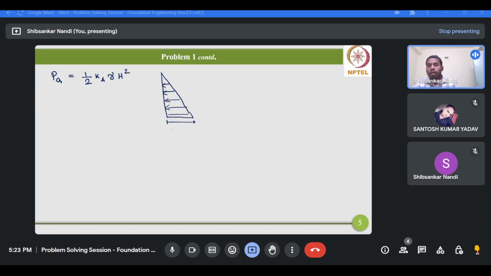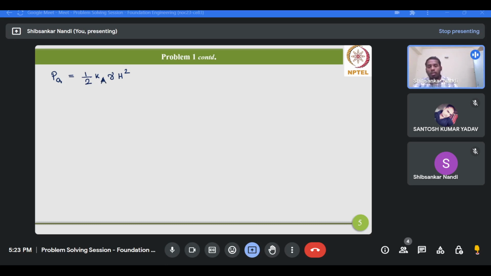This value is K gamma H, and the total height is H. So what is the area of this triangle? Half multiplied by H multiplied by K gamma H, that means half K gamma H square. That will give you the resultant active earth pressure acting on the wall.